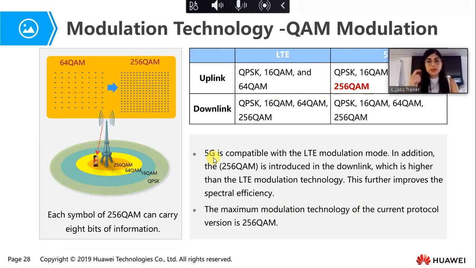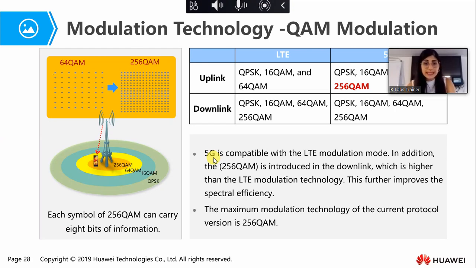Also, we mentioned previously that we introduce a high order modulation. The modulation is used to represent our signal in a digital way. So basically, we have some symbols belonging to a constellation, where each symbol represents a specific combination of amplitude and phase of our signal. So the more symbols we have, the better we can represent our signal.